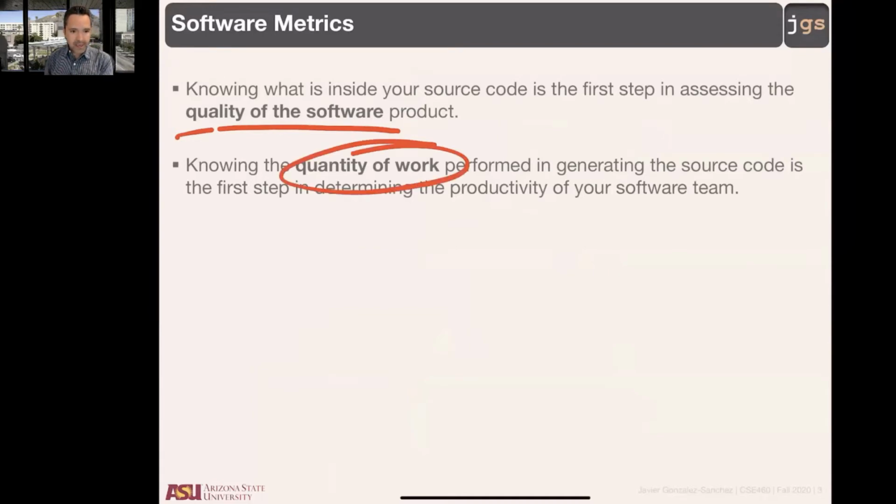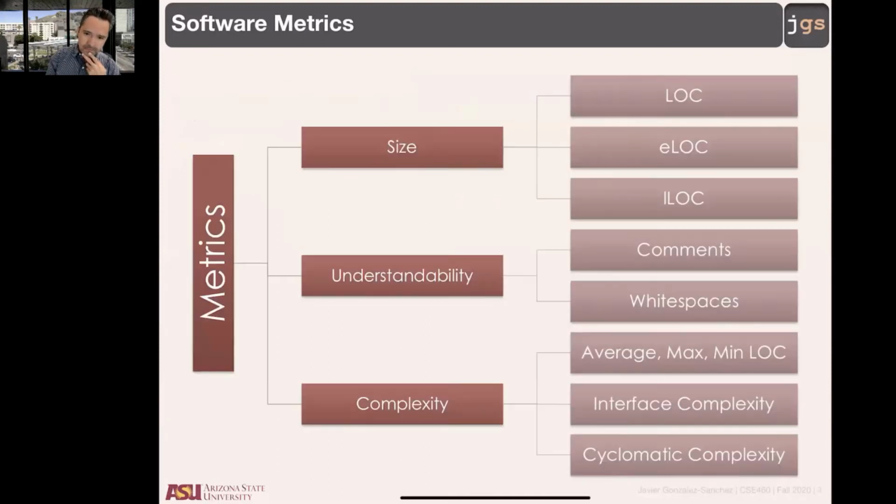Some of these metrics are not going to measure only the quality of the final product, the software, but somehow, indirectly, what is happening with the team that is developing that product. The skills of the team, the amount of work that they did. Each of these numbers is connected with quality. Some of them are connected with the skills in the team. Some of them are connected with the time that they use, the work that they are doing.